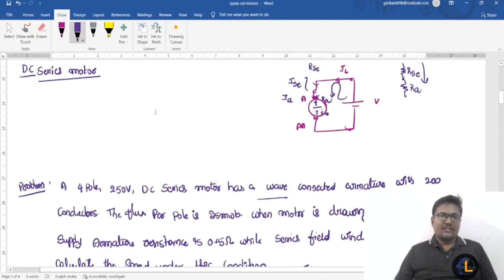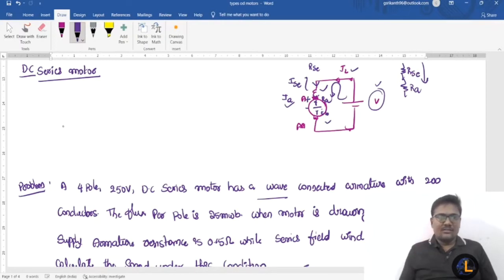Coming to the next classification, the DC series motor. The field winding and armature winding are both connected in series, and this combination is connected in series with the supply voltage. The current drawn from the supply is called the line current, the current flowing through the armature is armature current, and the current flowing through the series field winding is series field current. Now, always the current flows from higher potential to lower potential.